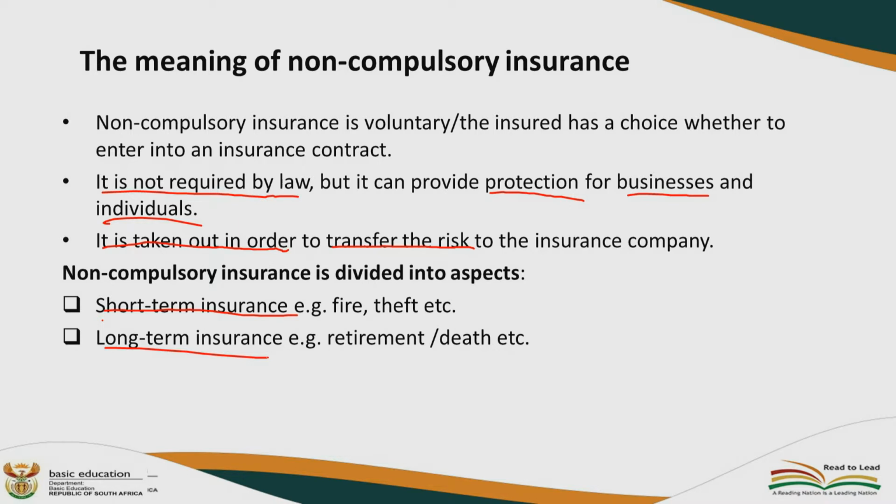I have to emphasize this, Lena, because every time you are asked to discuss compulsory insurance, many candidates will say long-term insurance. Long-term insurance is not compulsory, just like short-term insurance.